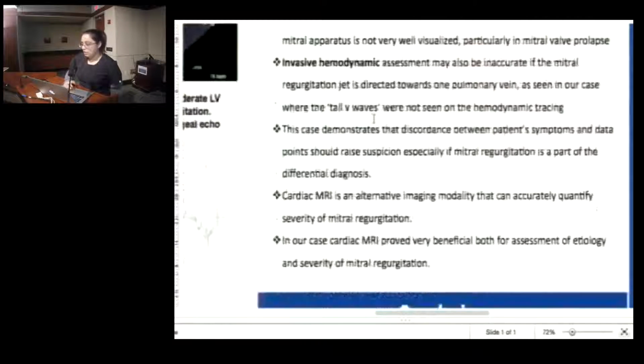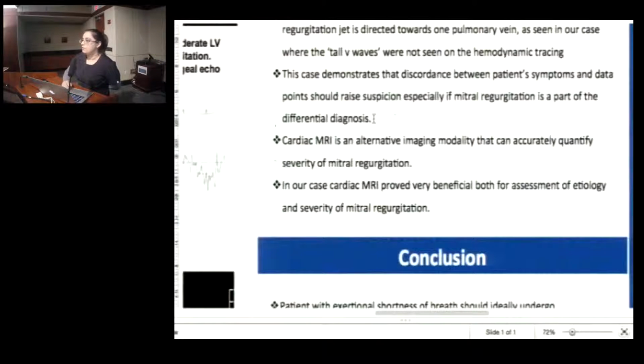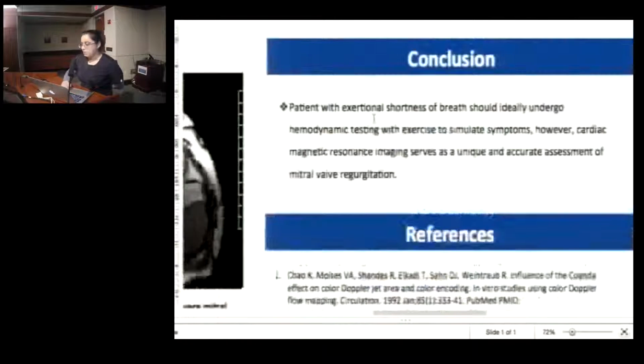If you suspect severe mitral regurgitation and want a non-invasive route, then cardiac MRI is a good strategy. Although it's expensive, one could argue that if you don't want to put someone through a transesophageal echocardiogram, that's something you could do first. And that's pretty much the conclusion.